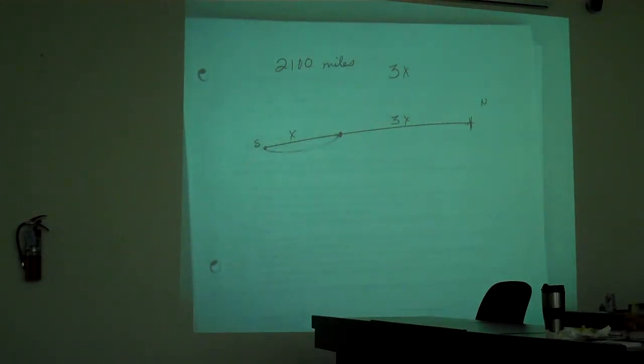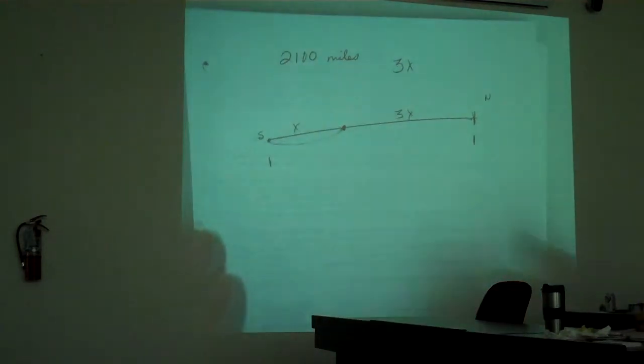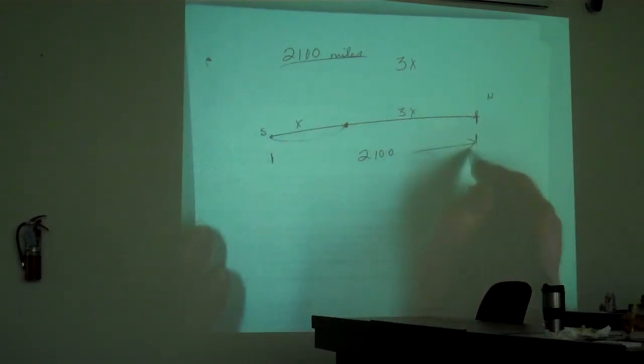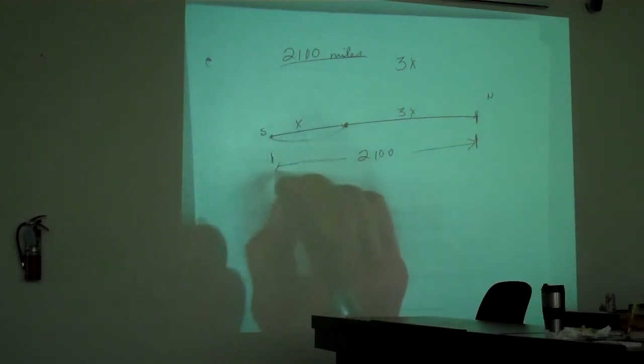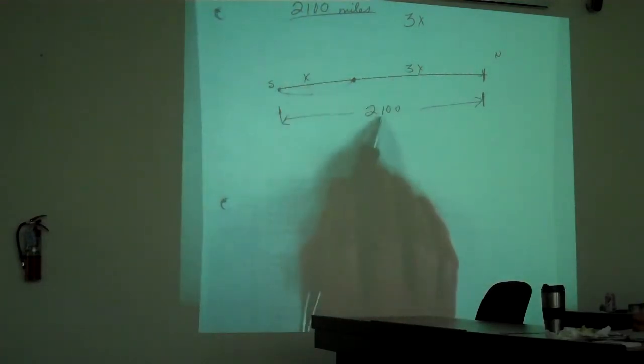Okay? And how far is this whole thing from here to here? 2,100 miles. There you go. So what would you do with these 2 numbers to get the 2,100?